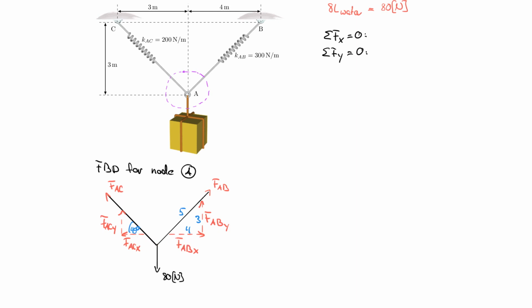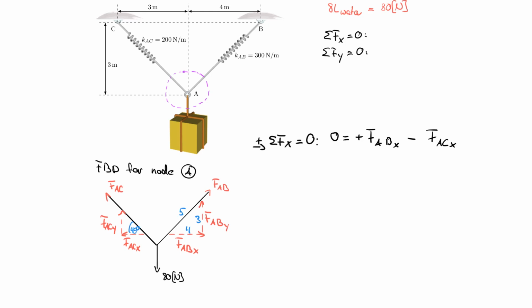But in this case, let's write down the x direction first. So the sum of the forces in x is equal to 0, positive to the right. And 0 is equal to plus FABX minus FACX.